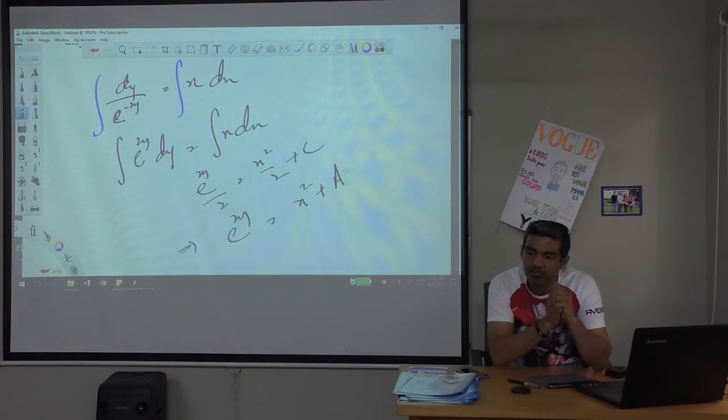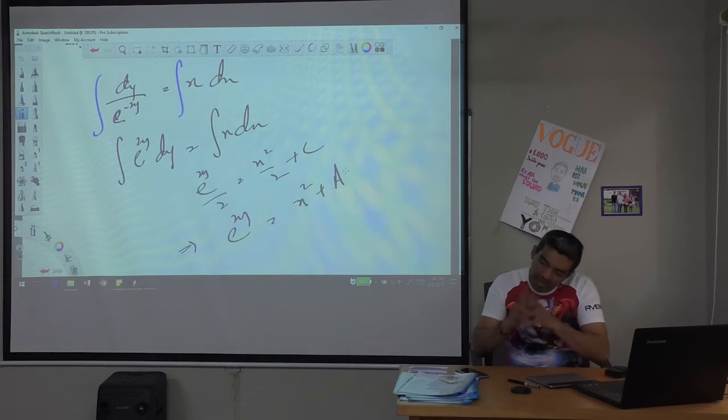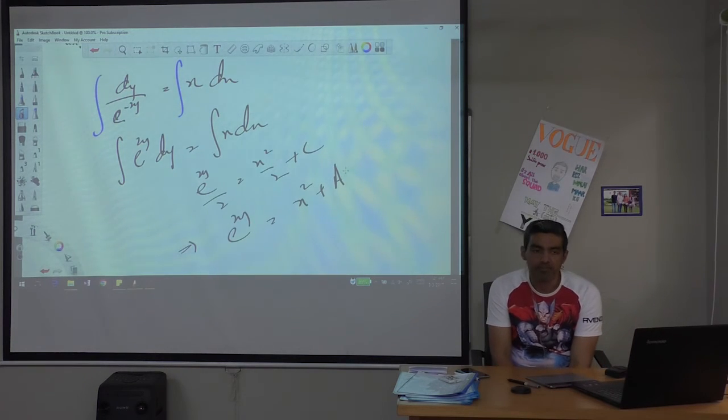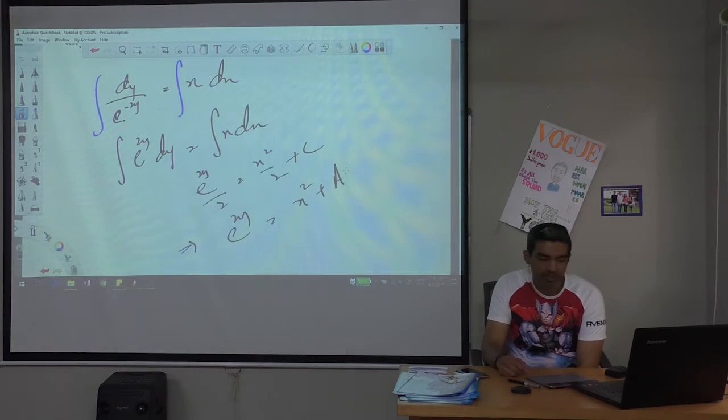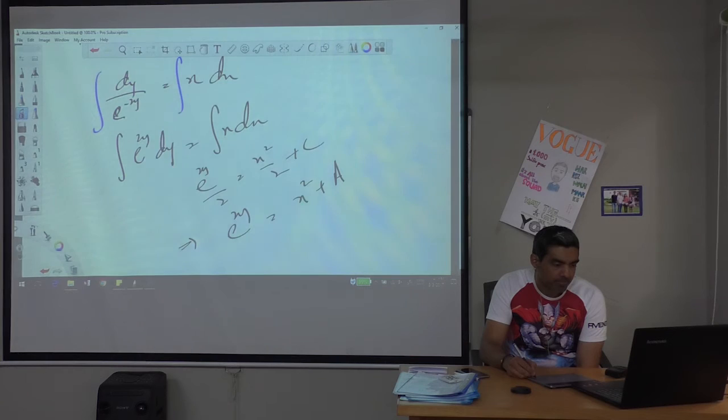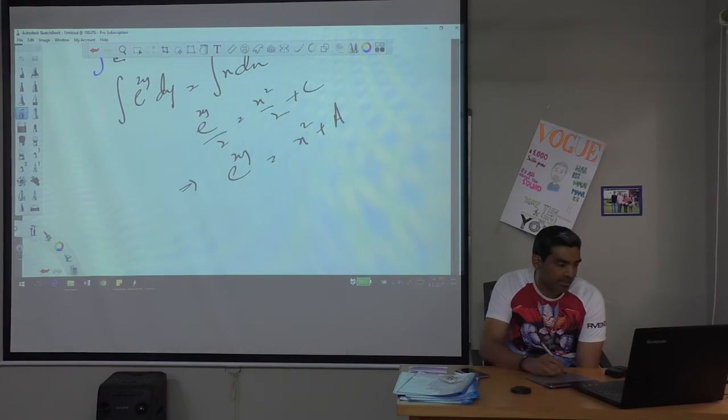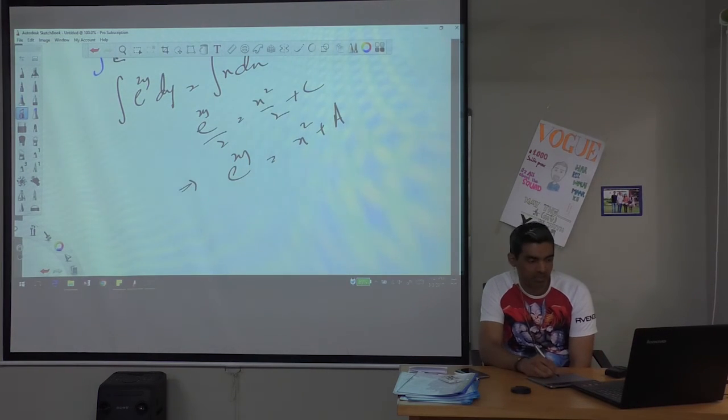Can't you just write C? Generally, the idea is to write with one constant. Otherwise, it's just too many numbers together and there's no point. So it becomes a constant a. Now I'll take ln on both sides to get the y down so that I can make y the subject.